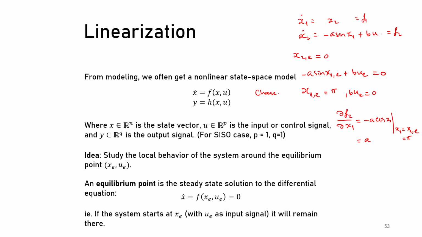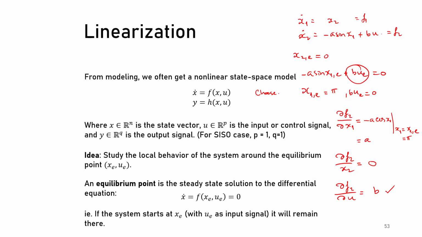How about h2? There's no h2 in this equation, so it's just 0. And the partial derivative of f2 with respect to u is just b, because this is already linear. You don't even need to find the partial derivative.